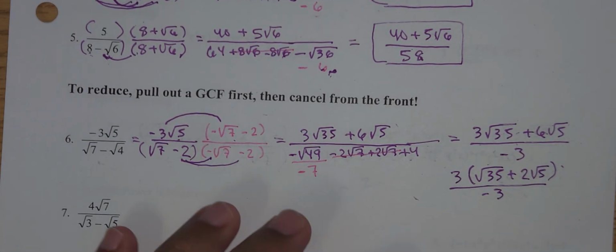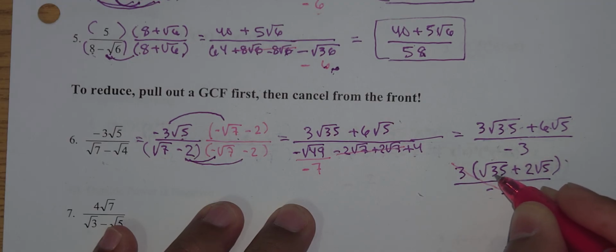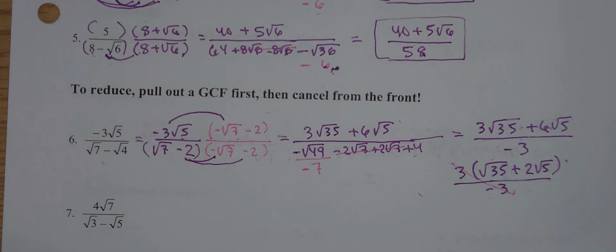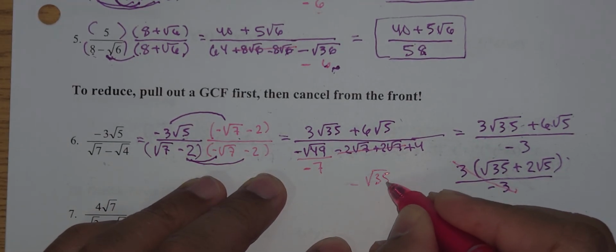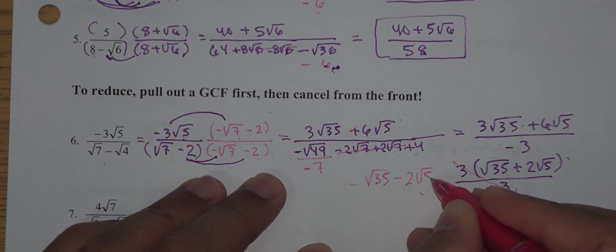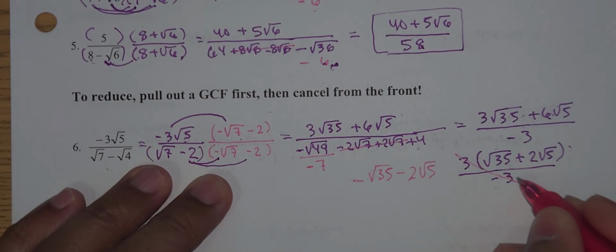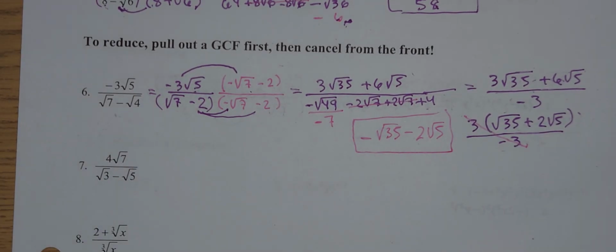So what happens here is the 3 reduces, but don't forget we have a negative, so then both of these terms become negative. So the final answer is negative square root of 35 minus 2 square root of 5. Okay, because if this is negative, then the whole expression is negative. And that's the answer to that problem.